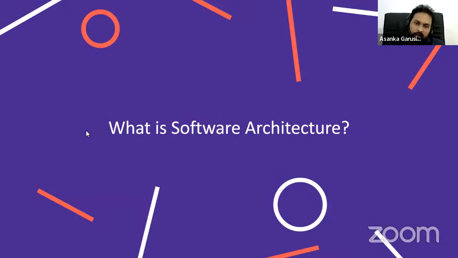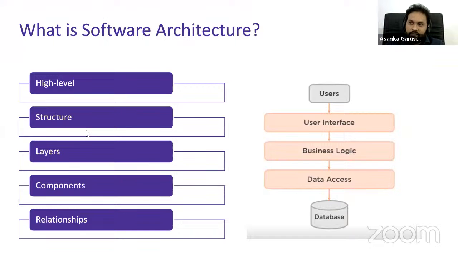So what is software architecture, basically? Why are we using software architecture? I'm here to give you some idea and share my experience beforehand. Why are we designing a software architecture? Of course, software architecture is a really important one.